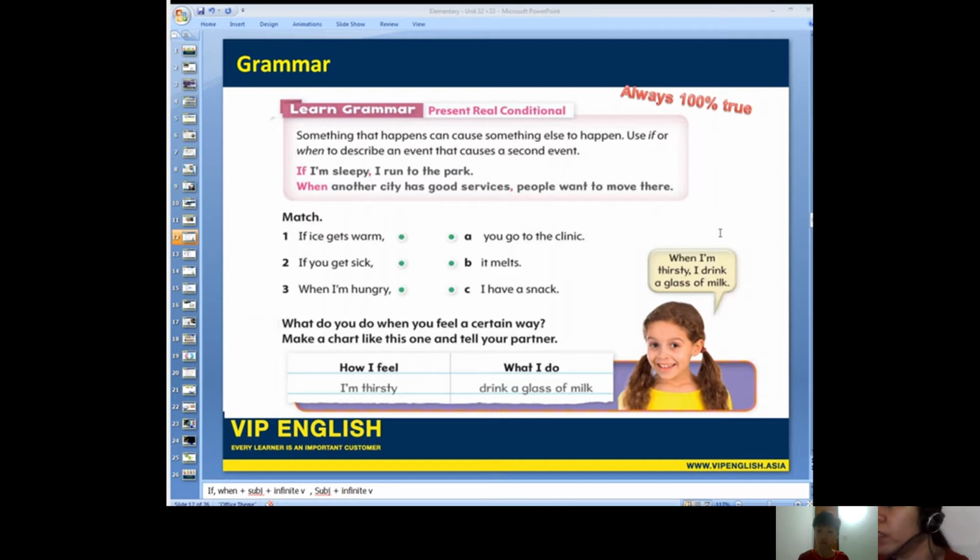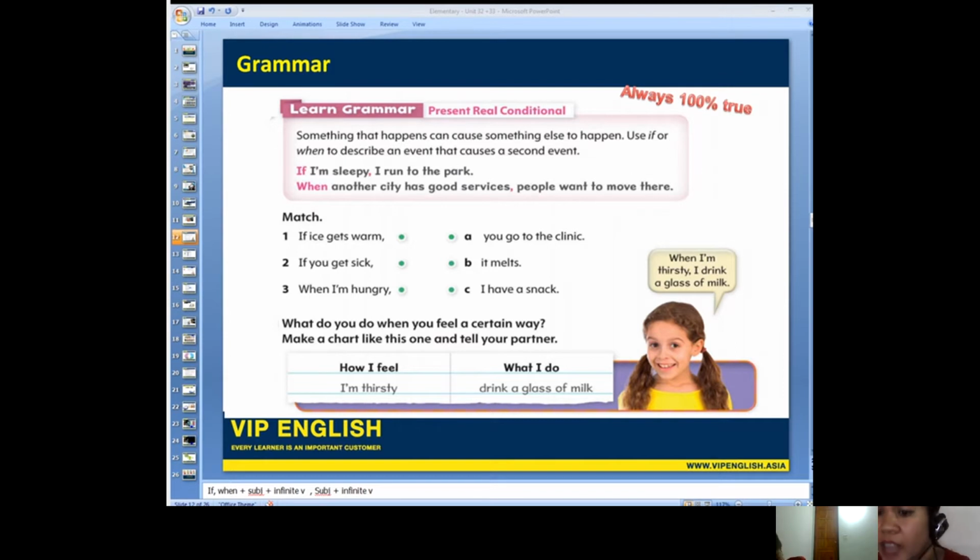And then if it melts, what will happen to it? If ice melts, what will happen to ice? Will it become air? Will it become smoke? Warm. Yeah, warm.